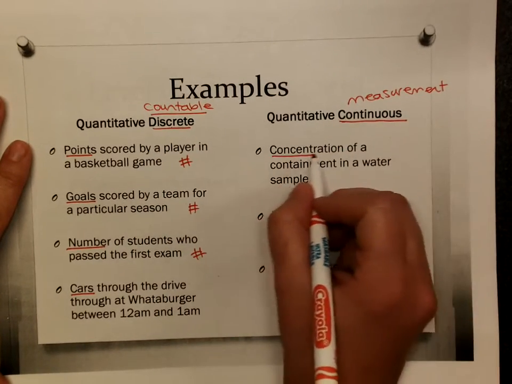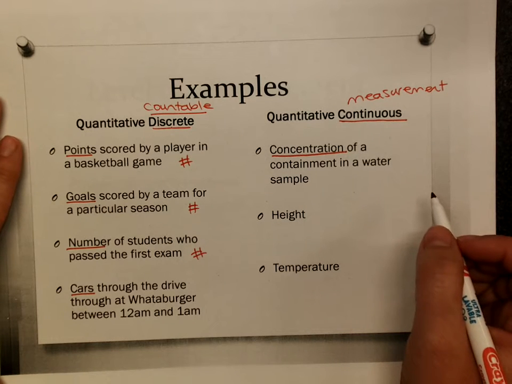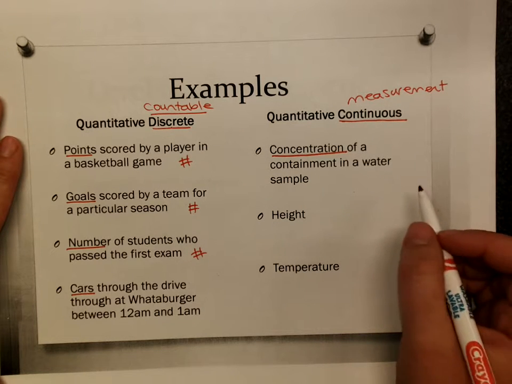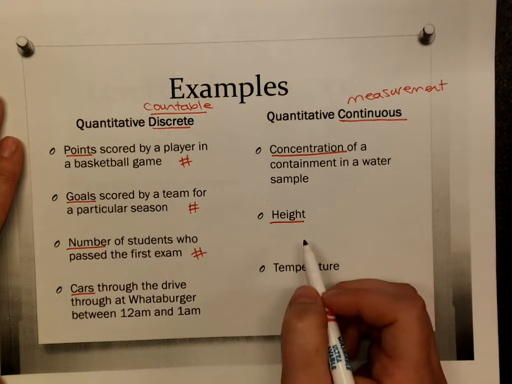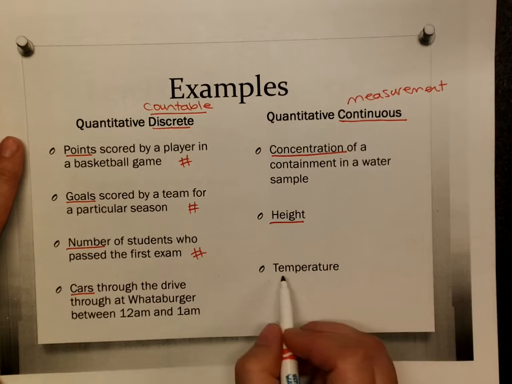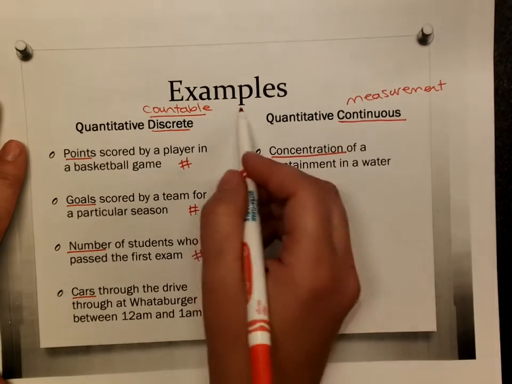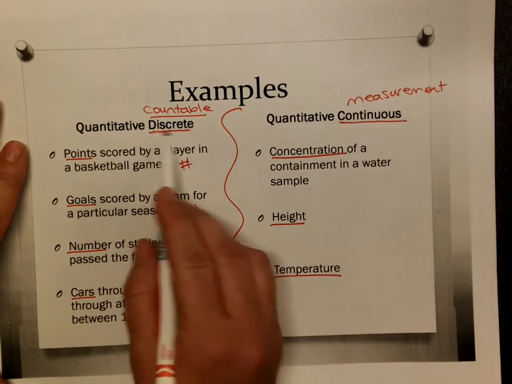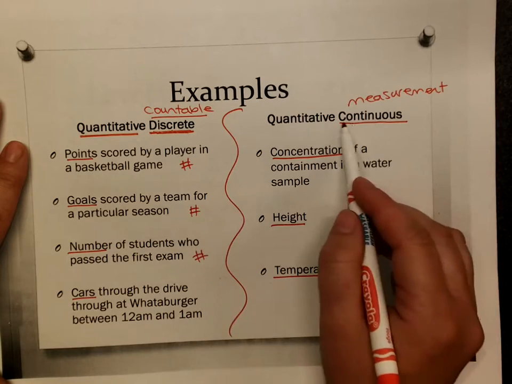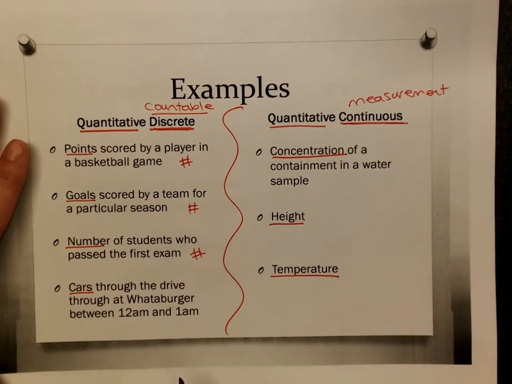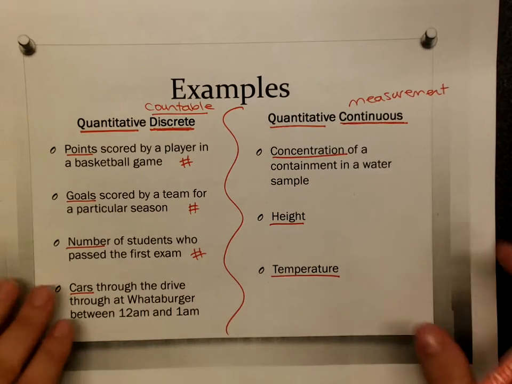Measurements would be like the concentration of the water contaminant. You couldn't count that. You'd have to measure that. Height, you don't count height, you measure height. And again, temperature, you don't count temperature, you measure temperature. So you'll have to distinguish between discrete quantitative variables and continuous quantitative variables.